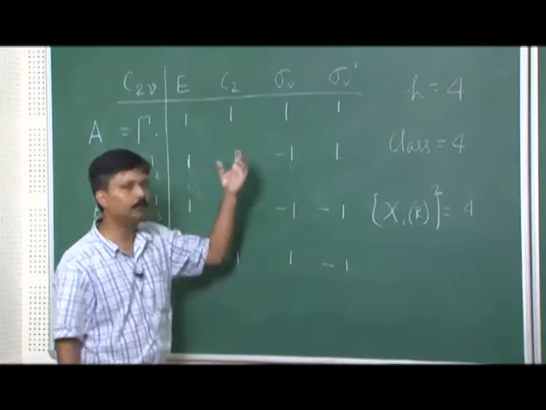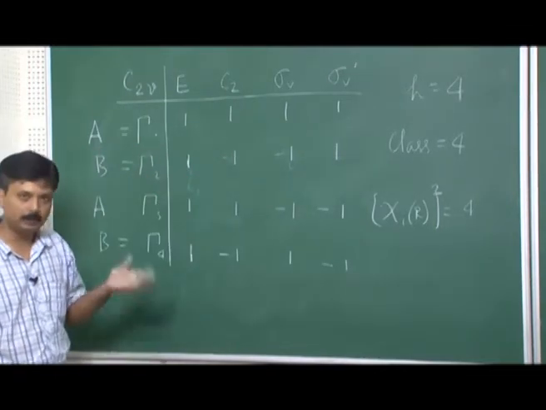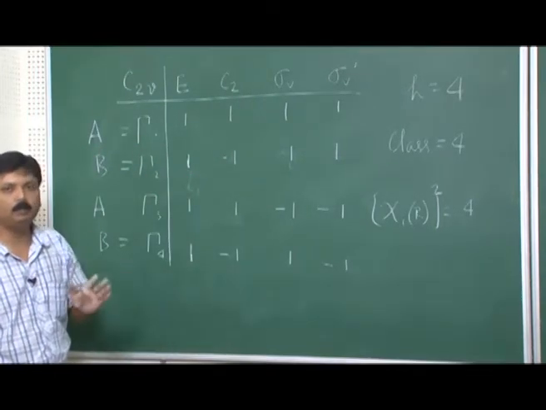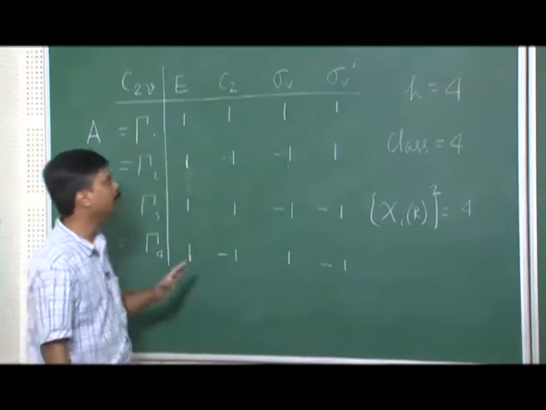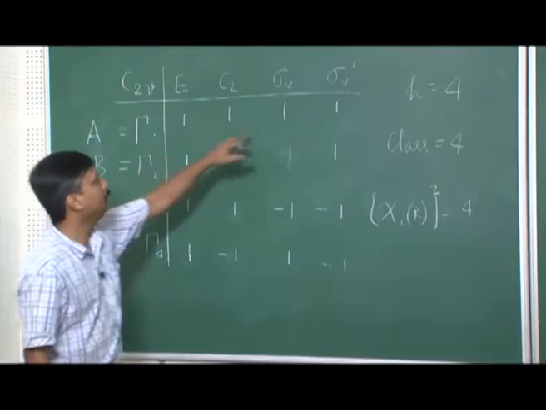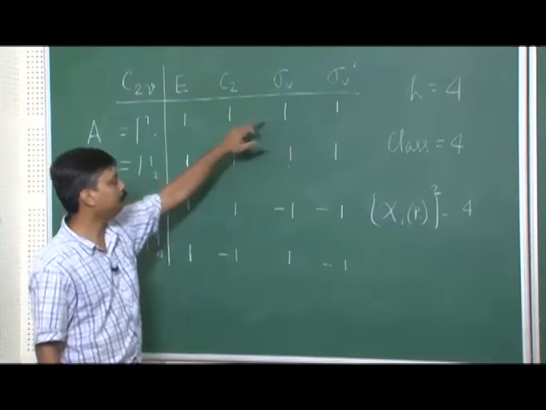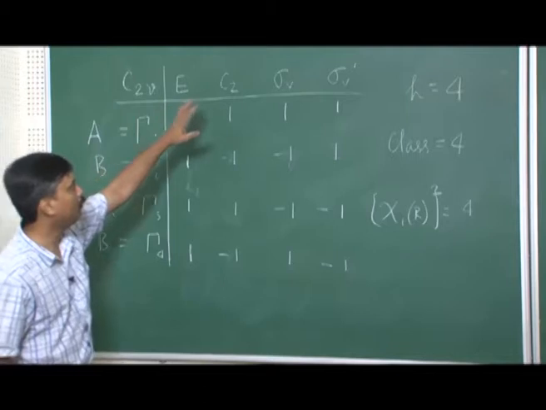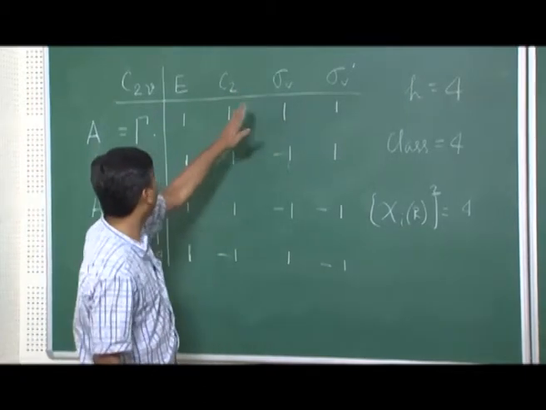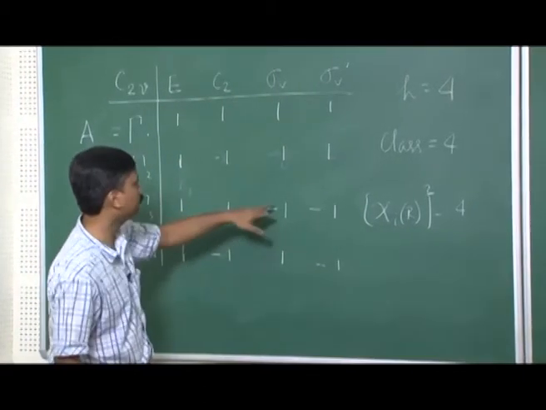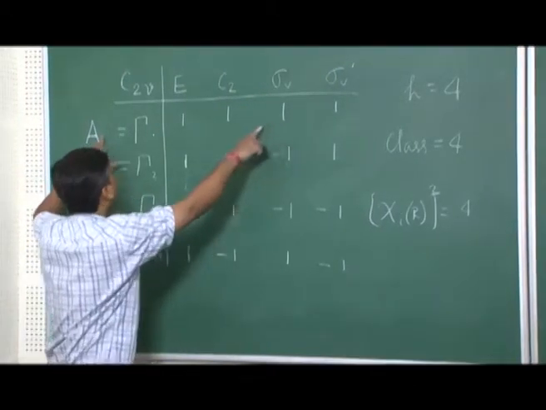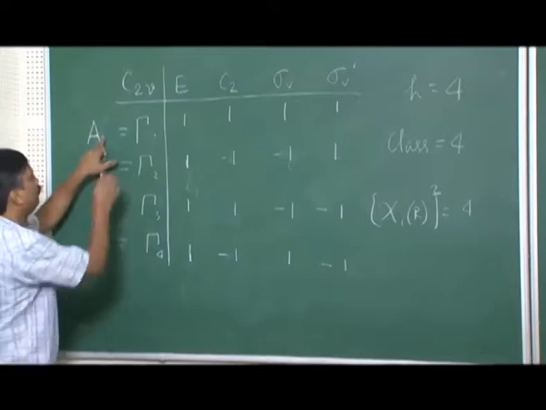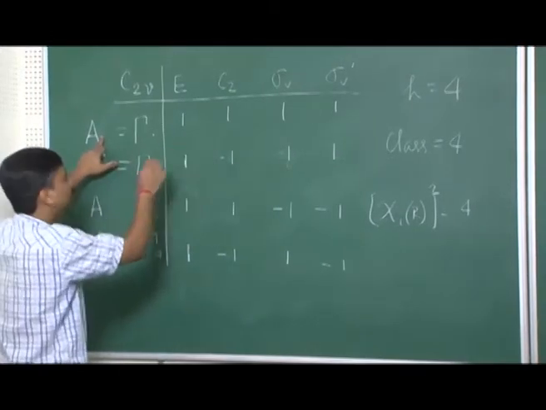How do we put the subscript? We look at the perpendicular C2s, or in case perpendicular C2s are not present, we look at the sigma V's. So if I look at sigma V, for this A the character with respect to sigma V is symmetric.